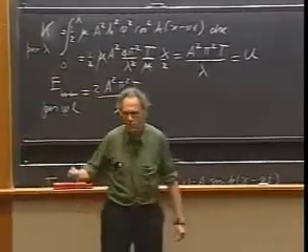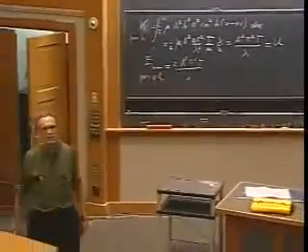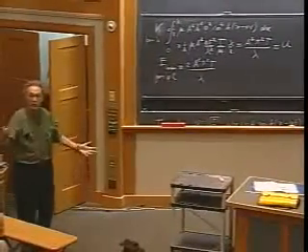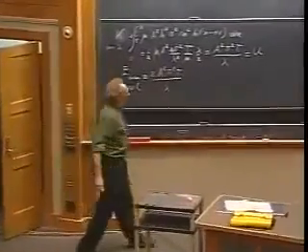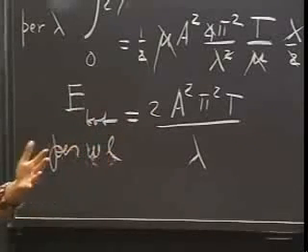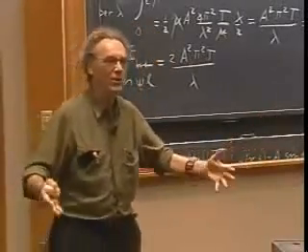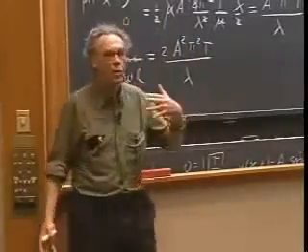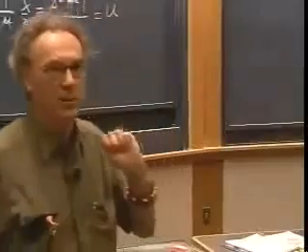Now suppose I am generating this wave. I'm standing somewhere and I'm wiggling this. Then I have to generate this energy for every period that I go through, because in one period I generate one wavelength. So if I divide this by the time for one oscillation, then I have the average power over one oscillation. Now the period of an oscillation we normally call T, but I don't want to have another T because I already have a T, so I call the period of the oscillation 2 pi divided by omega, which is the same as the period.